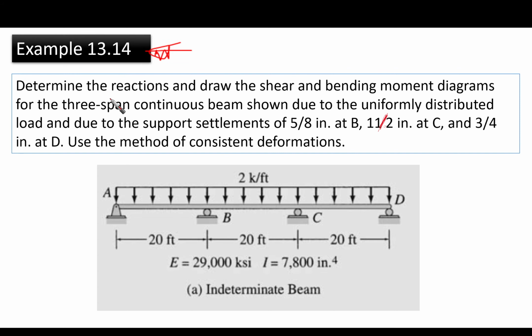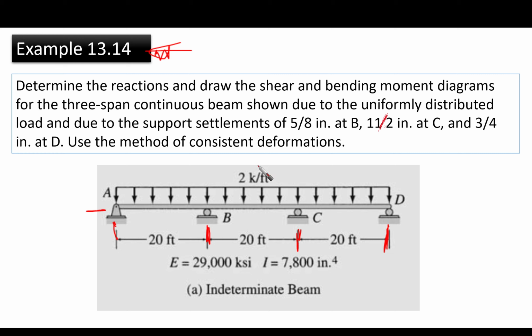So we have an indeterminate beam, as you can see. It is hinged at A, so we have two unknowns there, a roller at B with one reaction, a roller at C with one reaction, and one reaction at D. So we have 1, 2, 3, 4, 5. This means that our indeterminate structure is twice statically indeterminate. This is our beam.